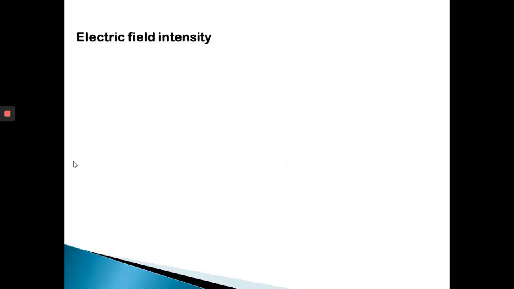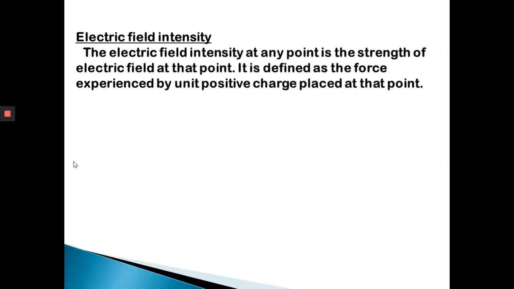Next is electric field intensity. The electric field intensity at any point is the strength of the electric field at that point. It is defined as the force experienced by a unit positive charge placed at that point. So electric field intensity is the strength of the electric field.